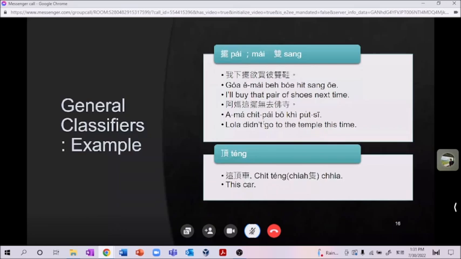Lola this time around did not go to the temple. Jitiang chia or jiteng chia. This car, this measure word of car. Some other people would also say jia chia. Jia can also be for a car.